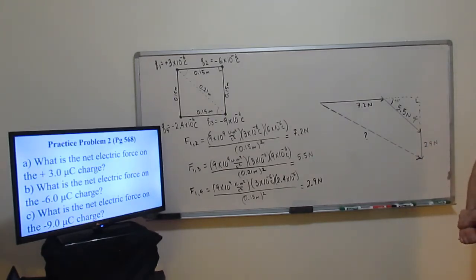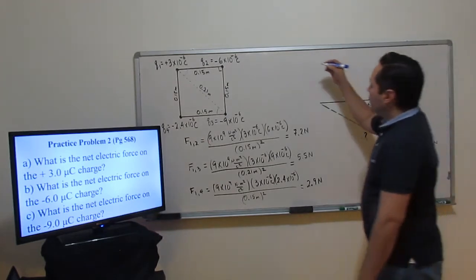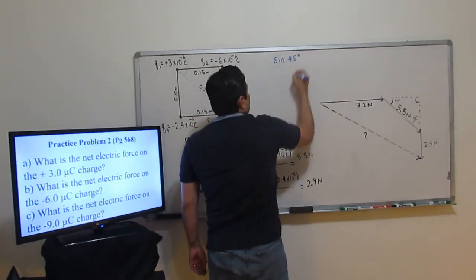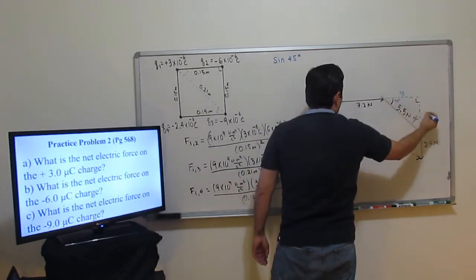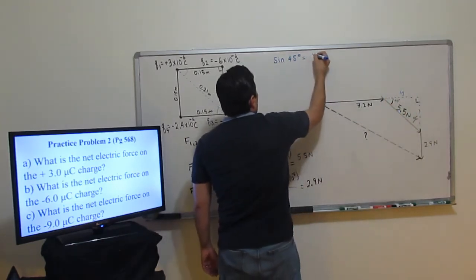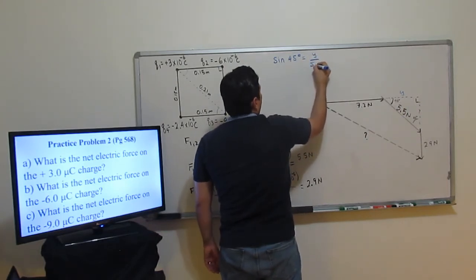Now, let's see. I want this length. I have that angle. Let's go with this one first. Opposite over hypotenuse. So I have sine 45 is equal to opposite. I'm going to call this guy y. Opposite over hypotenuse. The hypotenuse is 5.5.